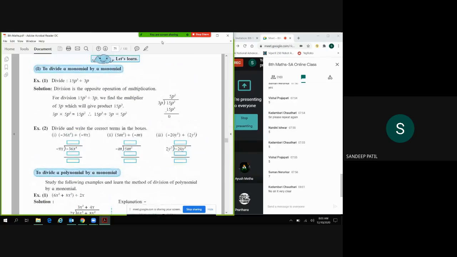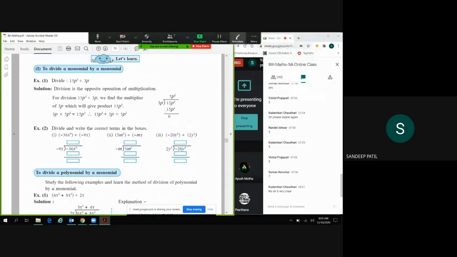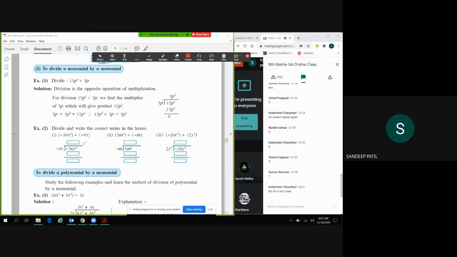अब हम try करते हैं ये. Okay, so what will be the answer? I will not go into this directly. So what will be the answer here? Can you write in the chat box? And I can see there are a total of 10 students. So I expect that all students should participate और answer लिखने की कोशिश कीजिए.